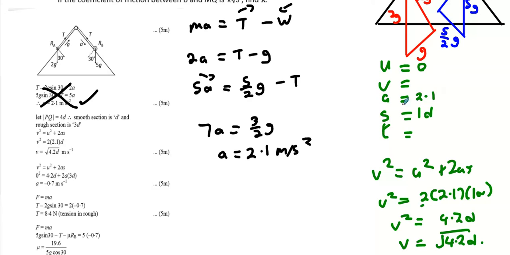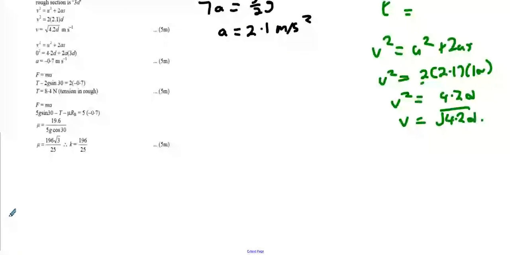Now it enters the rough section, and this is where things change, unfortunately. Okay? So in the rough section, if we use UVAST again, we know that our U value is the square root of 4.2d.